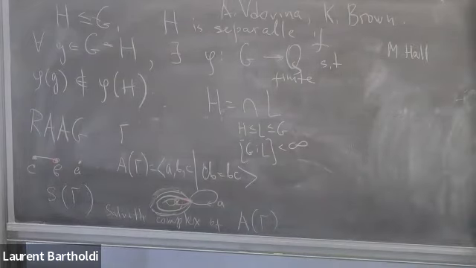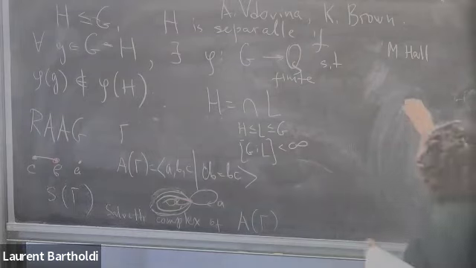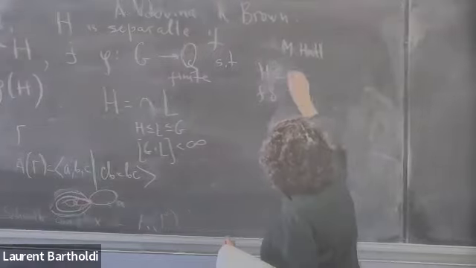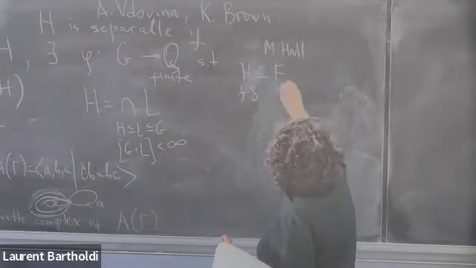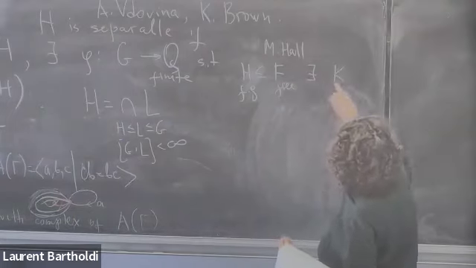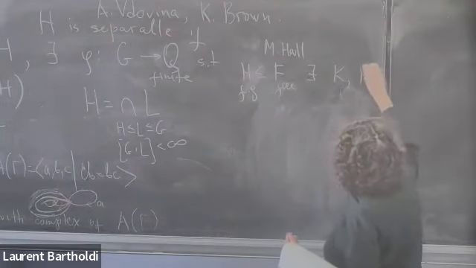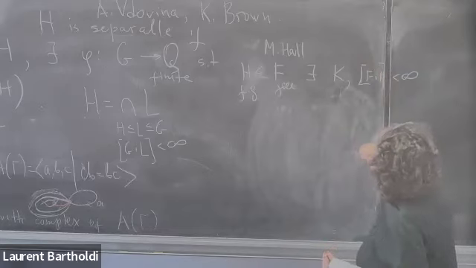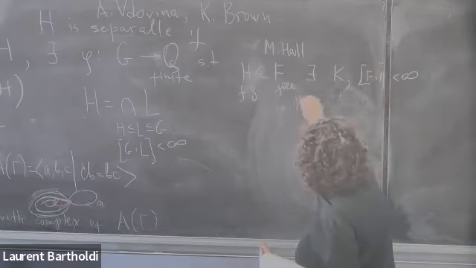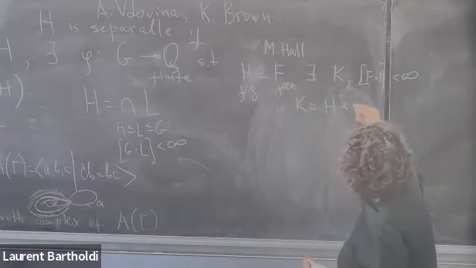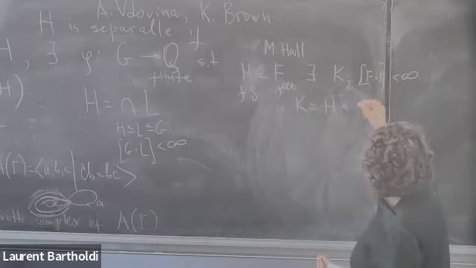Actually, he proved more: if H is a finitely generated subgroup of a free group, then there exists a finite index subgroup K such that H is a free factor in K.